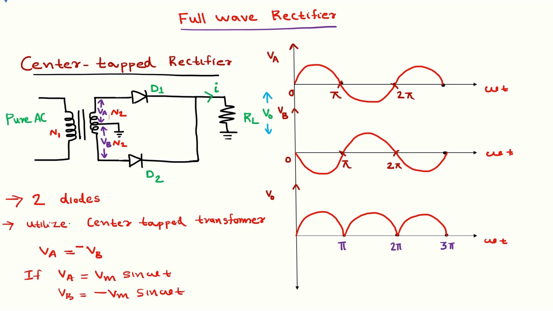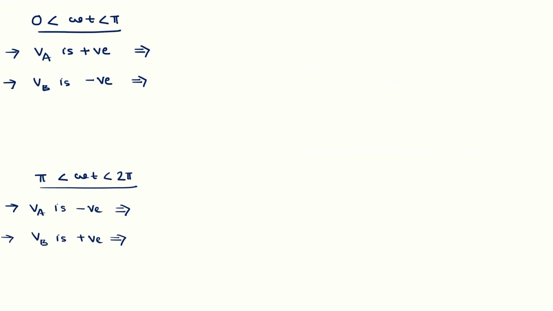So when the time is from 0 to pi, VA is positive. That means D1 is in forward bias condition and D2 is in reverse bias condition. Since VA is positive, D1 is in forward bias mode, which means D1 starts conducting.